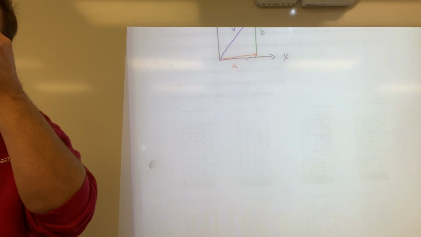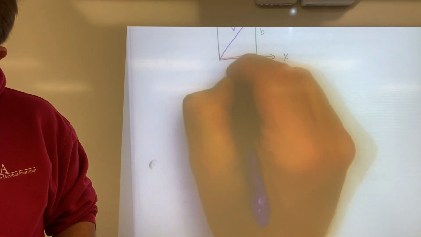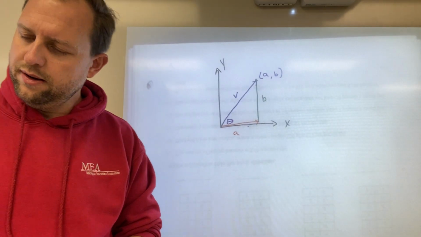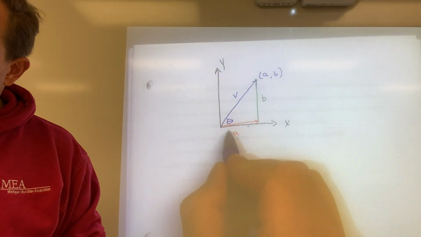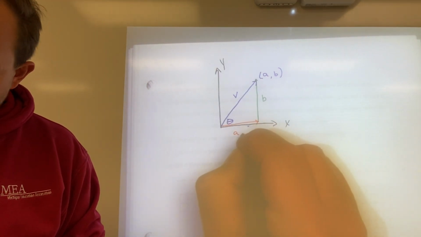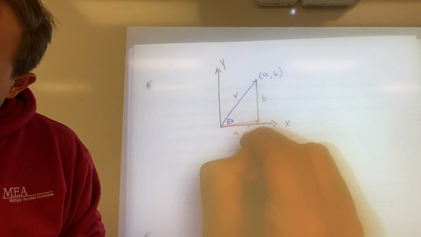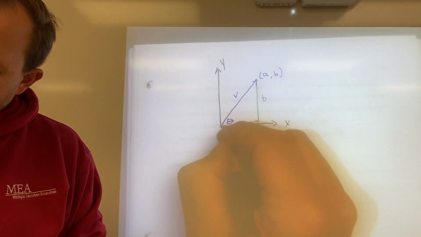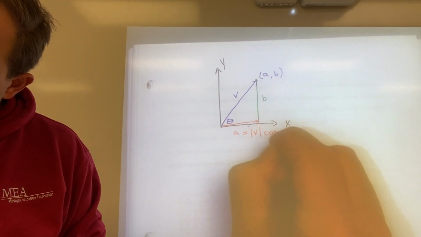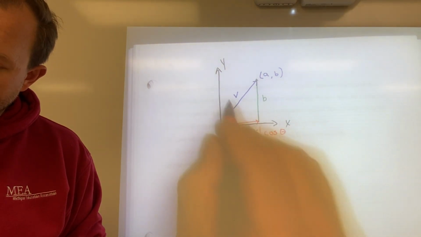we know a few things from trig when referring to this angle right here. And what we know about that angle is that A is equal to the length of our vector times the cosine of theta, because cosine is adjacent over hypotenuse.